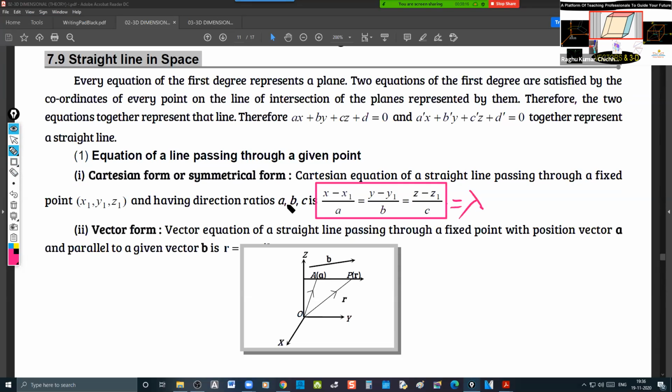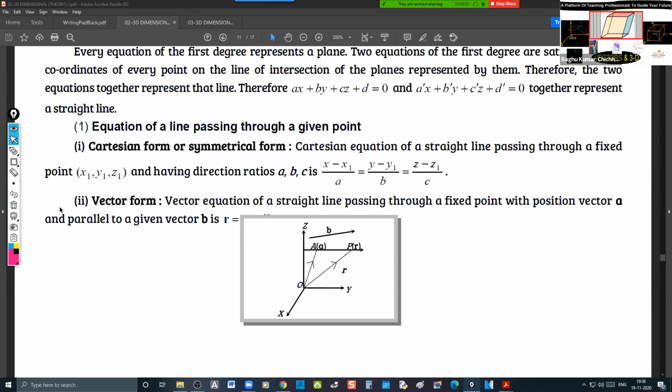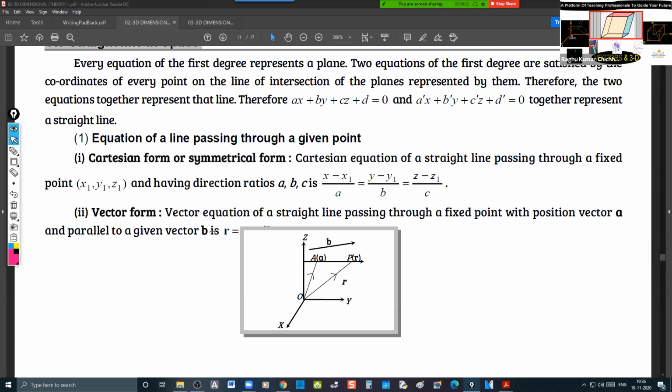This is a parameter. And then in the vectorial form, it is r bar is equal to a bar plus lambda b bar, where b bar is a vector which is parallel to the given line, and a bar is a point through which the line is passing. This is one form of the equation of the line in the vectorial form.